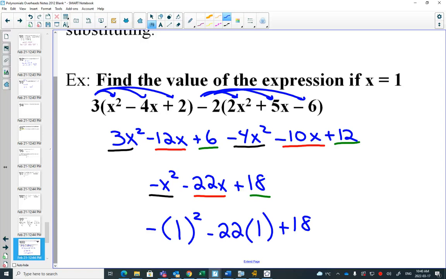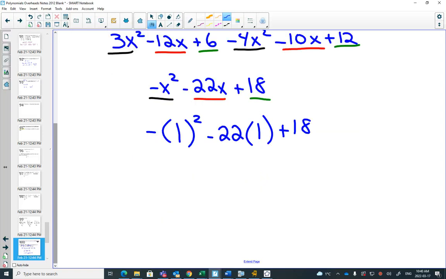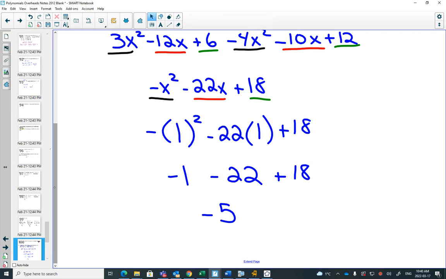So when I do my order of operations, I do exponents before multiplying. This will be 1 squared, and then times a negative 1 is negative 1. Minus 22 plus 18. Minus 23 plus 18. We get minus 5 in the end.